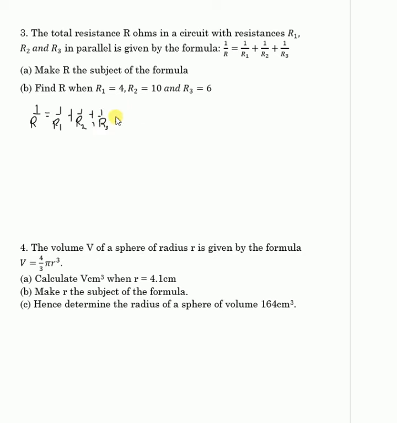What we are going to do, as I told you, is get the LCM of R1, R2 and R3. Because they don't have any common factor, their LCM is R1 R2 R3.